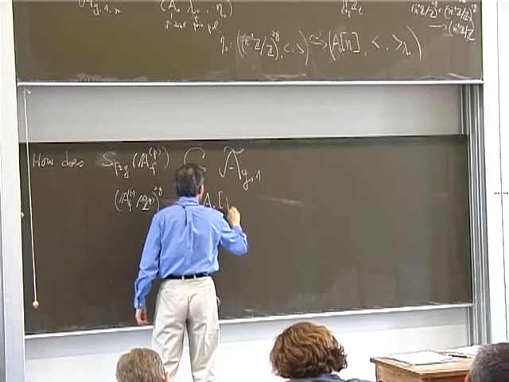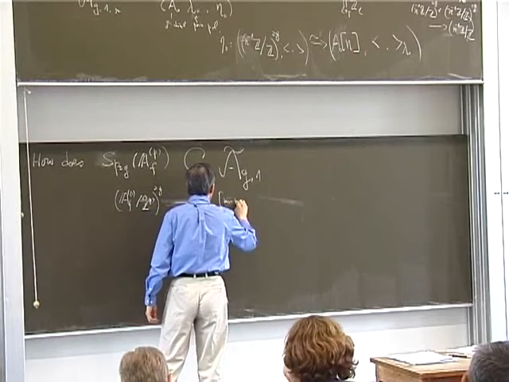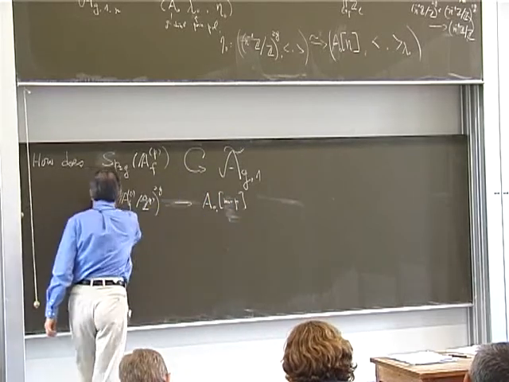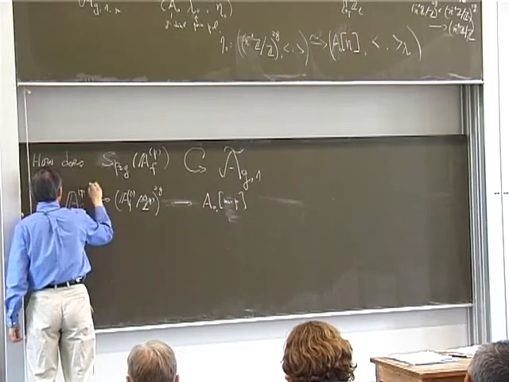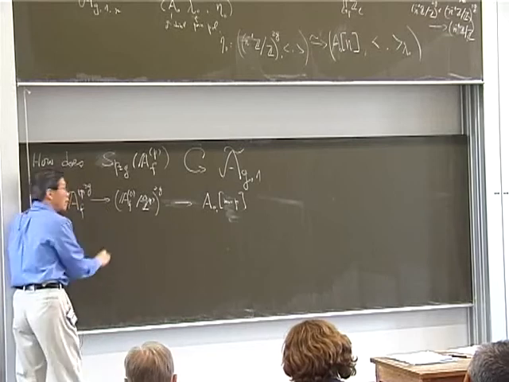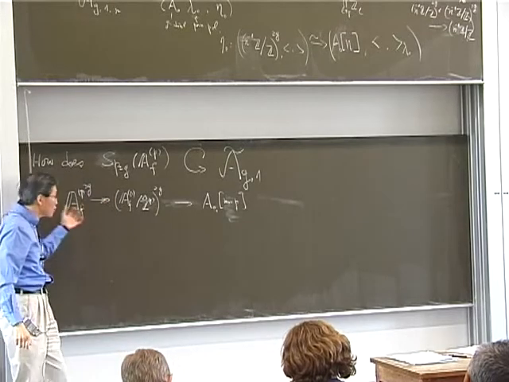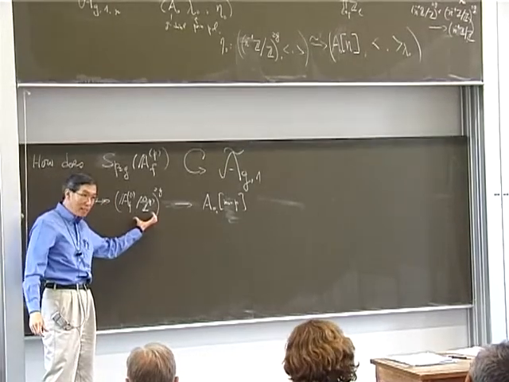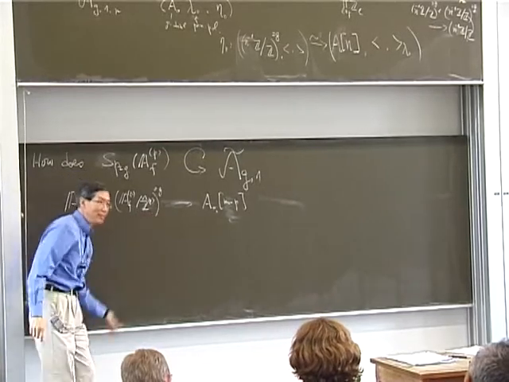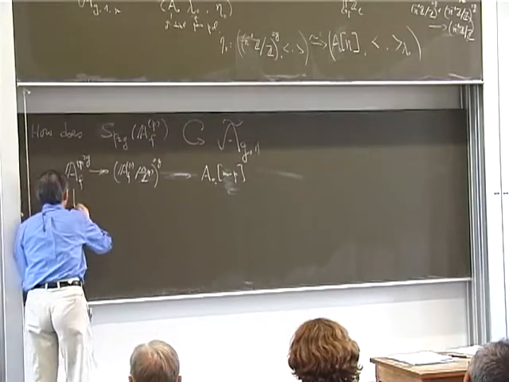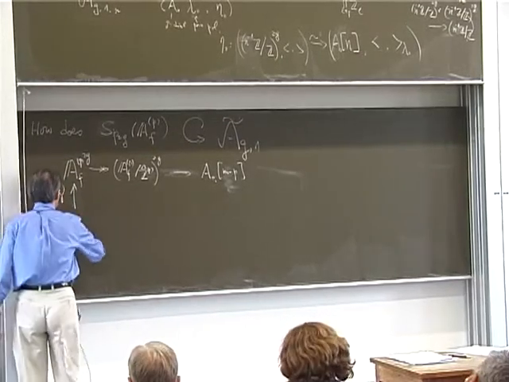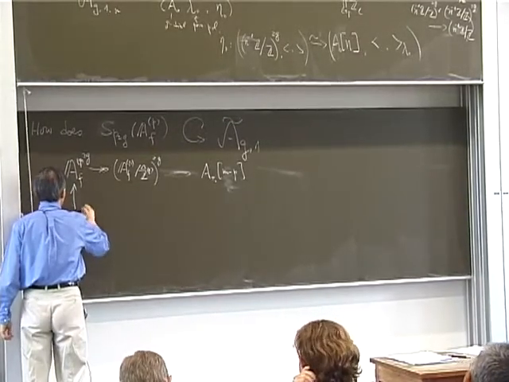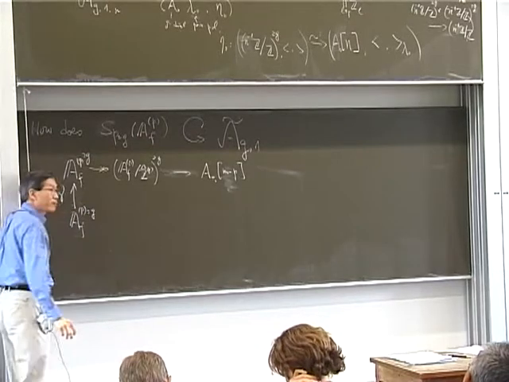So I have a 0, so no p, prime to p. Now the way one sees that is one first goes not to here because it's not easy to have a group operating on it. Now, so I have a gamma. So I have a gamma precomposing it with A_F^p 2g.